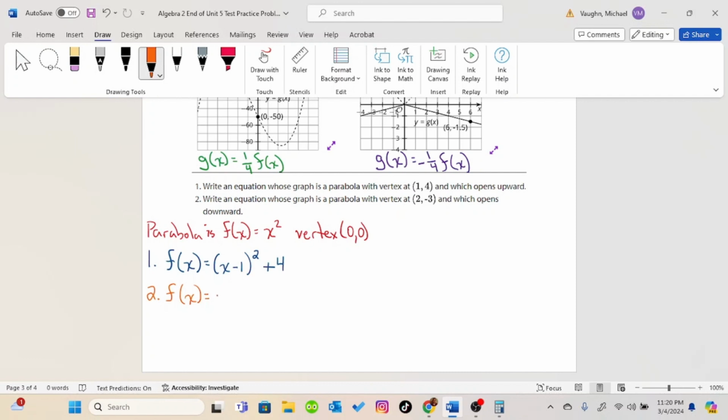So we're going to start with a negative. Now we've shifted from 0, 0 to 2, -3. So this has shifted right by 2. So now I need x minus 2 in parentheses, and to move down to -3 would be a shift down of 3, so we would subtract 3 outside the parentheses.